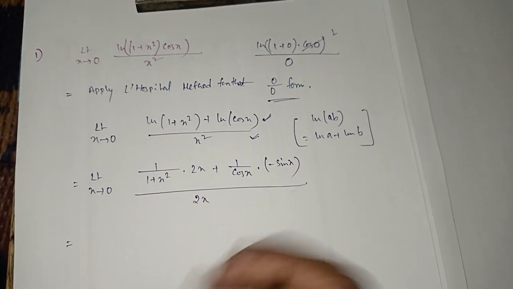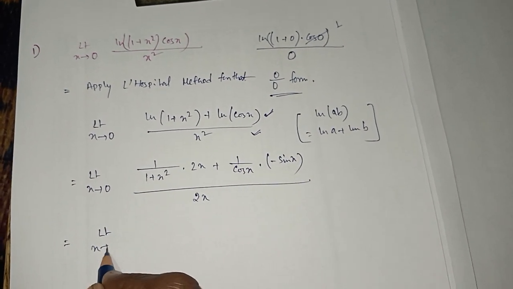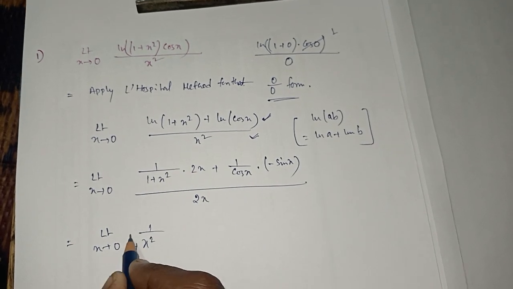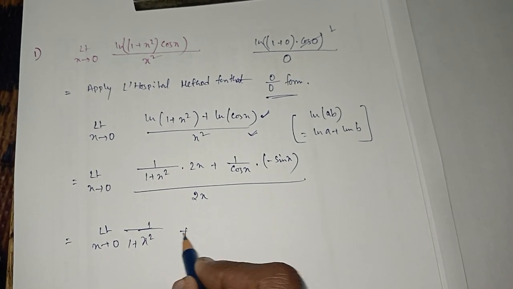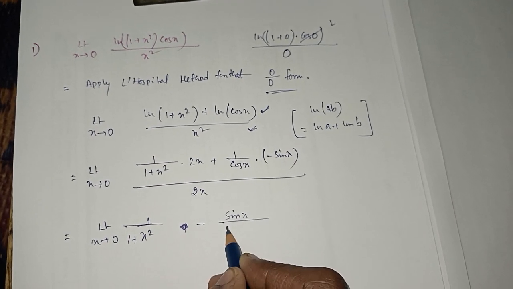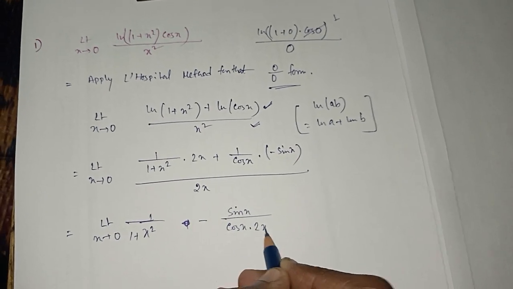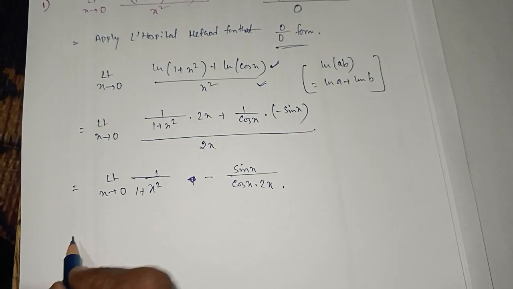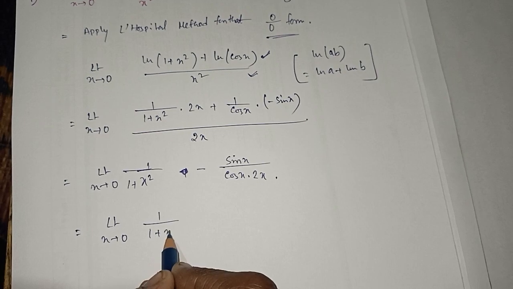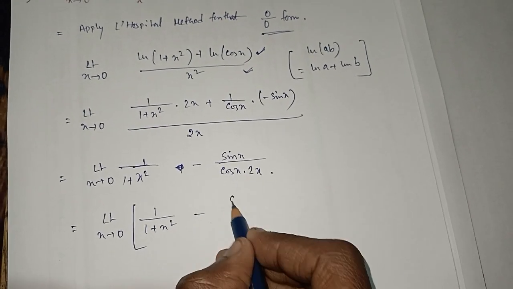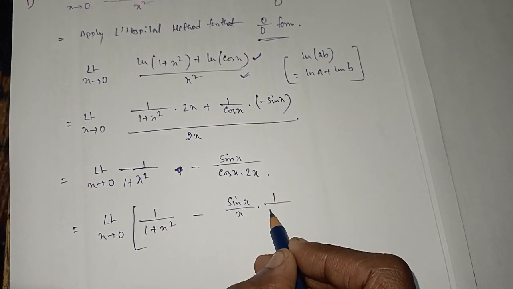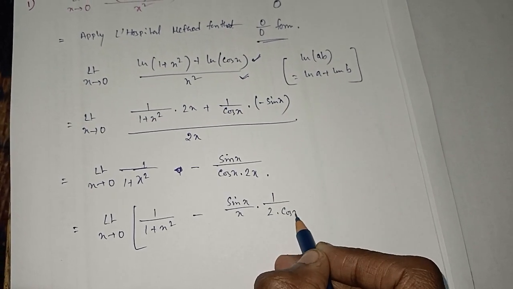If we separate these two terms, the 2x cancels out in the first, and we get the limit as x tends to 0 of 1 by (1 + x²) minus sin x upon cos x into 2x. From here we can write this as 1 by (1 + x²) minus (sin x by x) times 1 by (2 cos x).